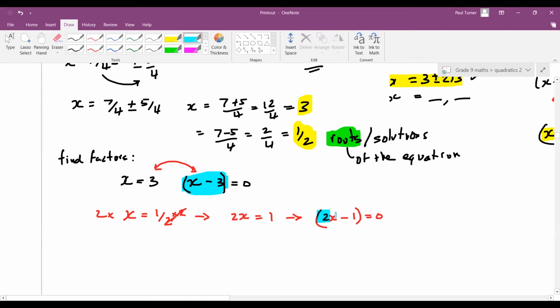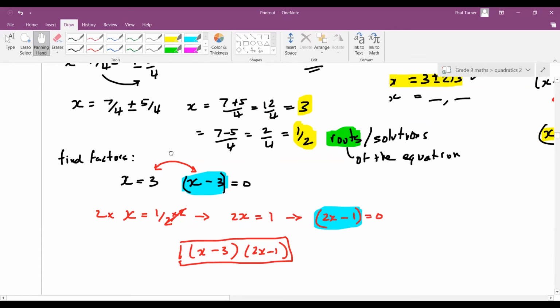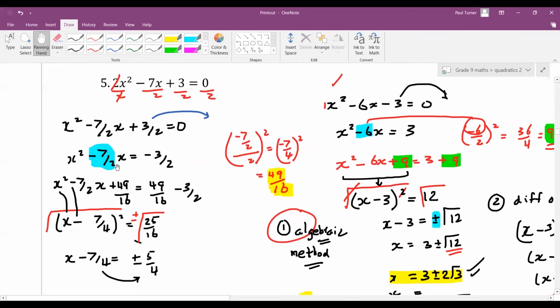So that shows me that this question could have been factorized as well. And your two factors were x minus 3 and 2x minus 1. Okay, so those would have been the factors to that question. So in a test, I would not do this method here.